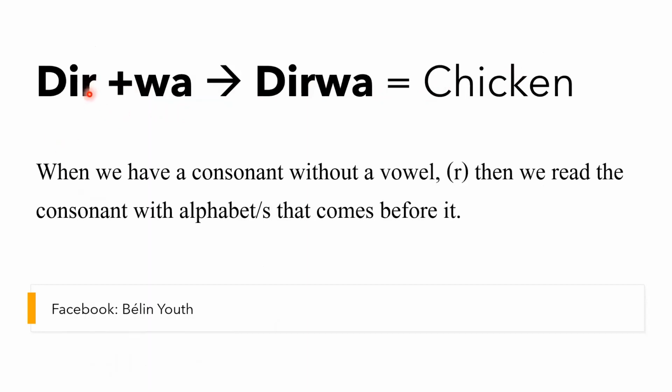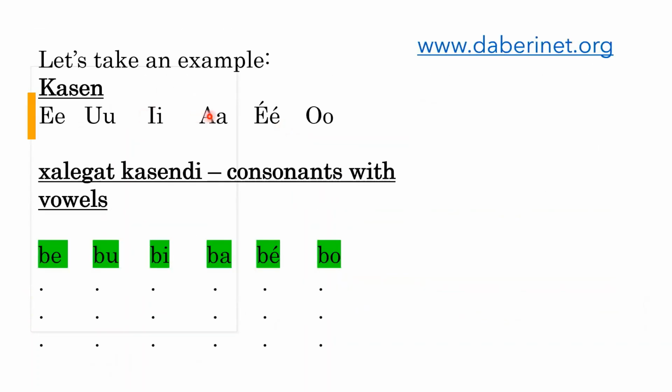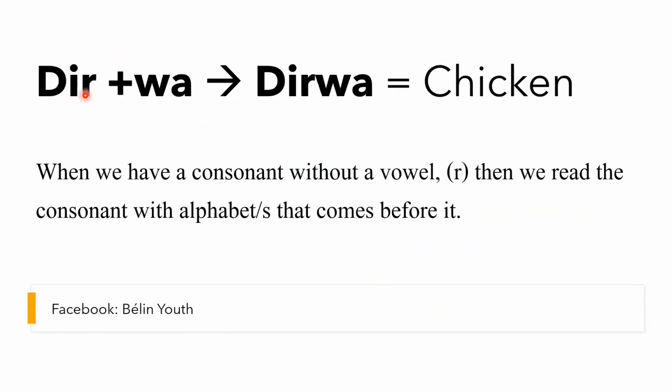When a consonant, you remember this is a consonant, is alone without a vowel, you remember vowels, those are the vowels, then it will get help from the alphabet letters before it, and it will make a subtle sound.